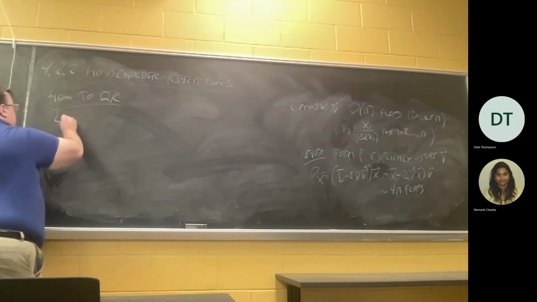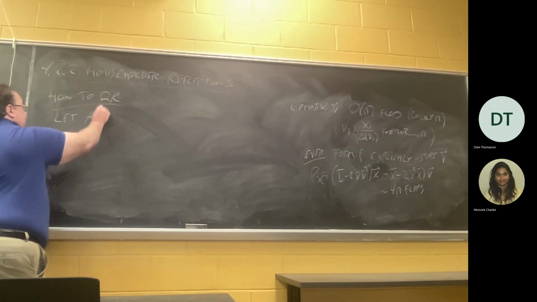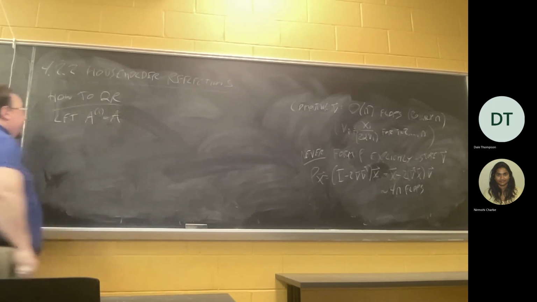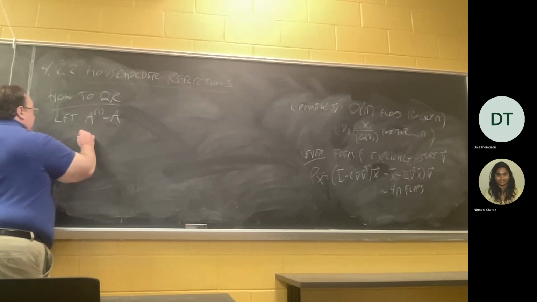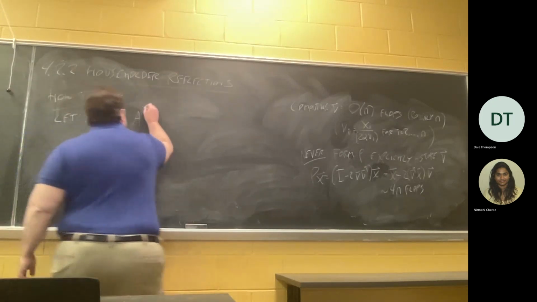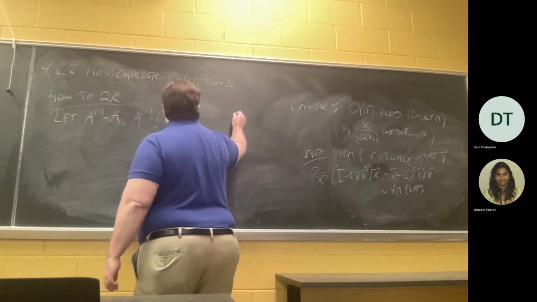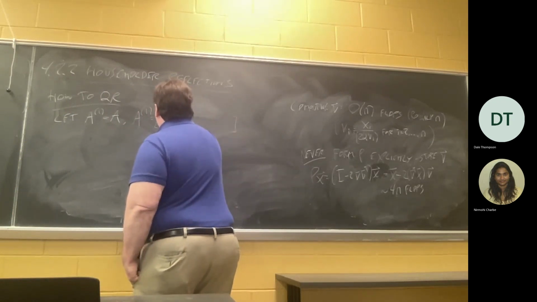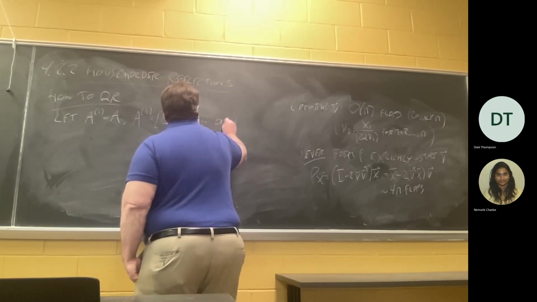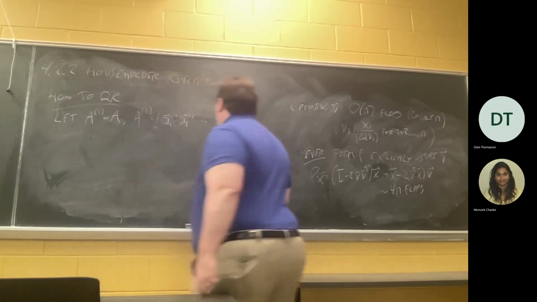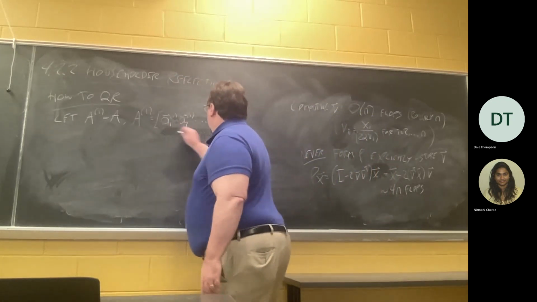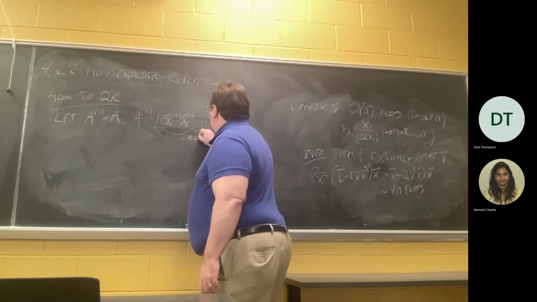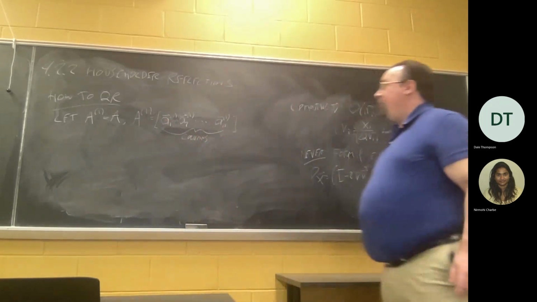I can let A superscript 1 be equal to the original A. And then I'll write A1 as a column partition. So each one of these vectors are the columns of A1.